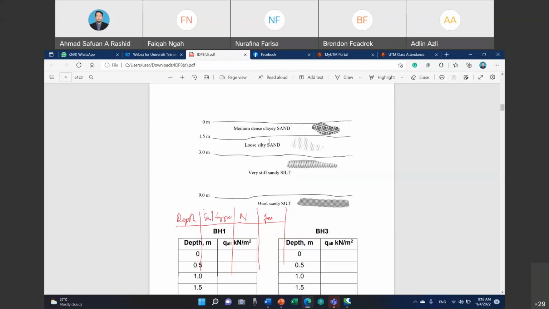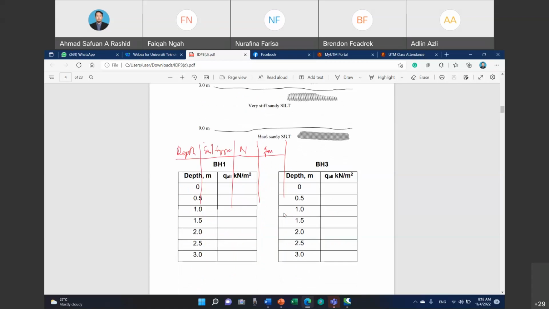So for example for this clay sand, silty sand, then there is a layer of sandy silt and hard sandy silt.